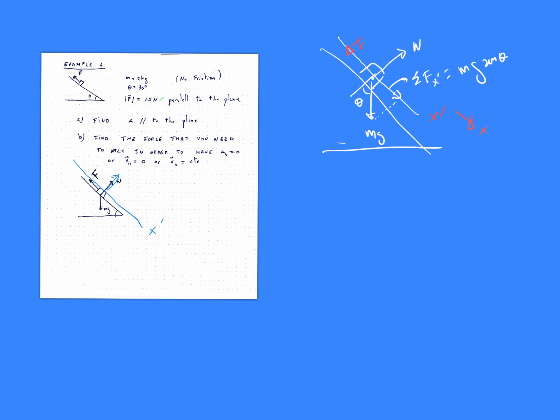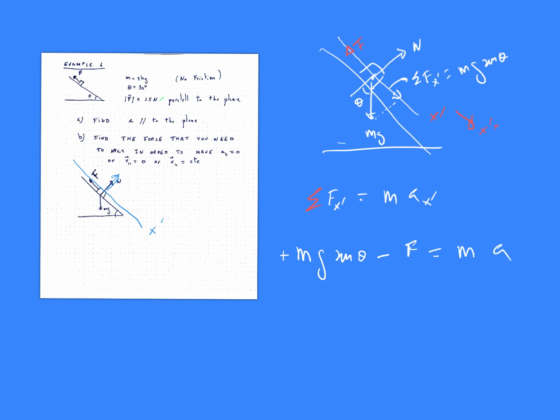The sum of all the forces on the x prime direction is the mass times the acceleration on the x prime direction. What is the sum? I see mg sine of theta, positive, going downwards, since I took the positive direction going downwards, minus F, equal mass times the acceleration.